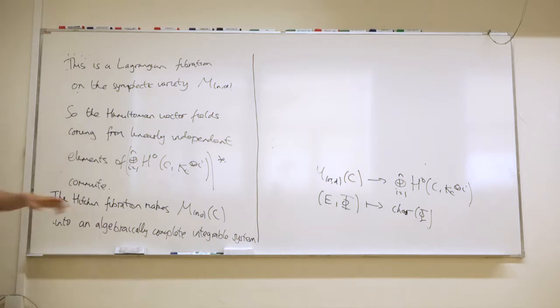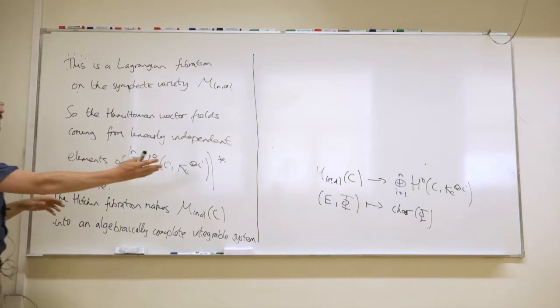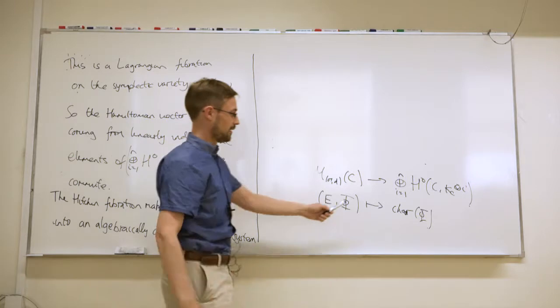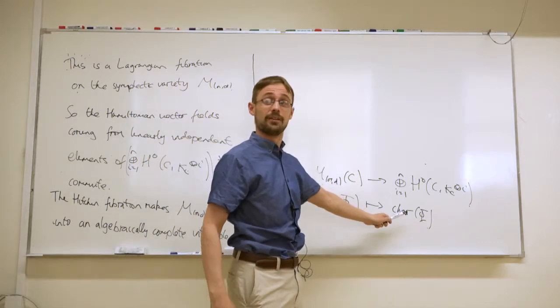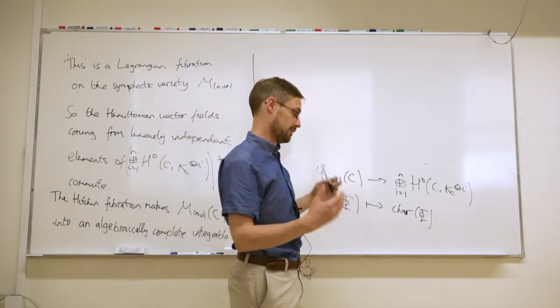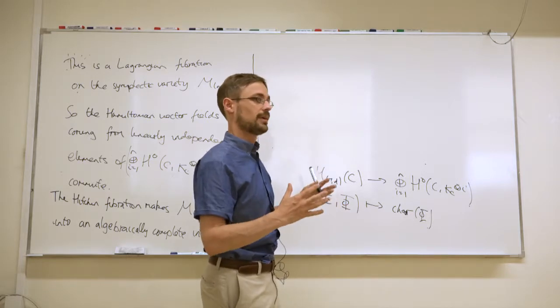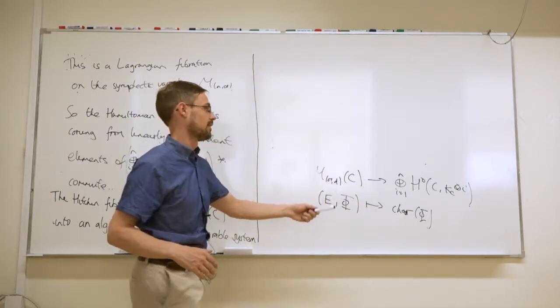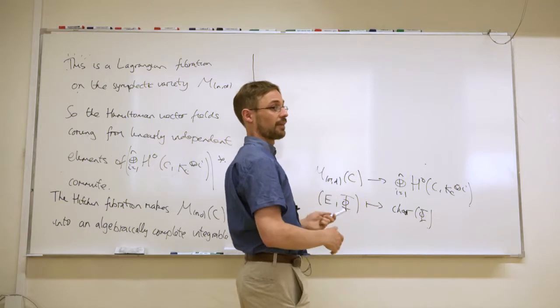So that is to say, choosing a basis of elements here provides a maximal set of commuting Hamiltonians, and the fibers of this map, as we've seen, so the Higgs fields with a fixed characteristic polynomial, are parameterized by the Jacobian of a spectral curve.